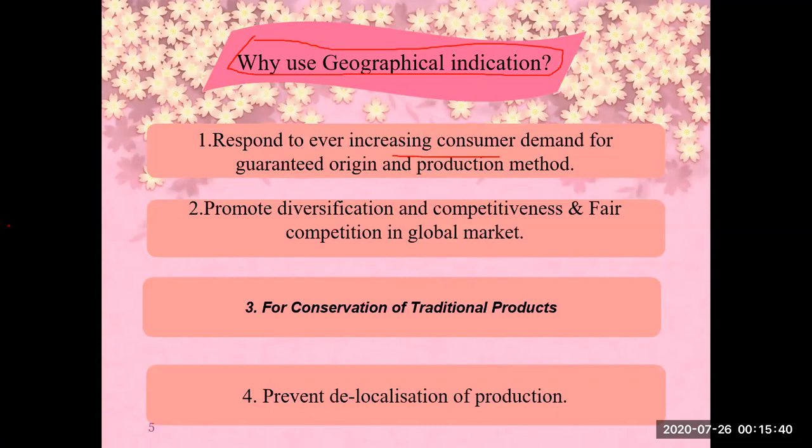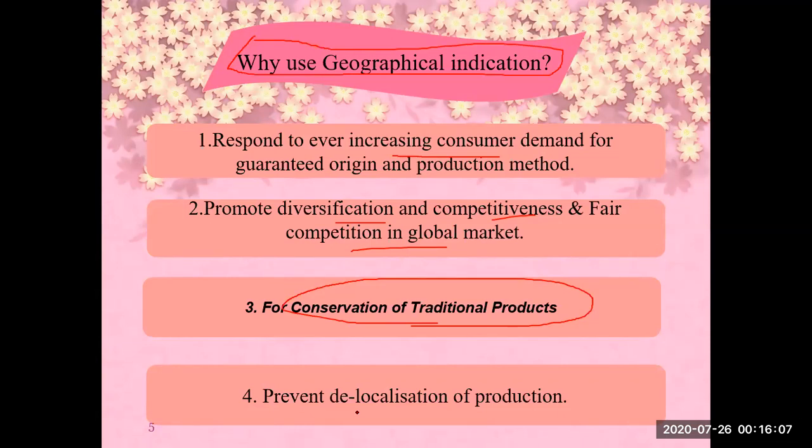Then it is also helpful for diversification, competitiveness and fair competition in the global market. Another very important thing is the conservation of traditional products. And another thing is preventing delocalization of production. That means it is the best place here, so if you produce that product in that area, it will be localized there.